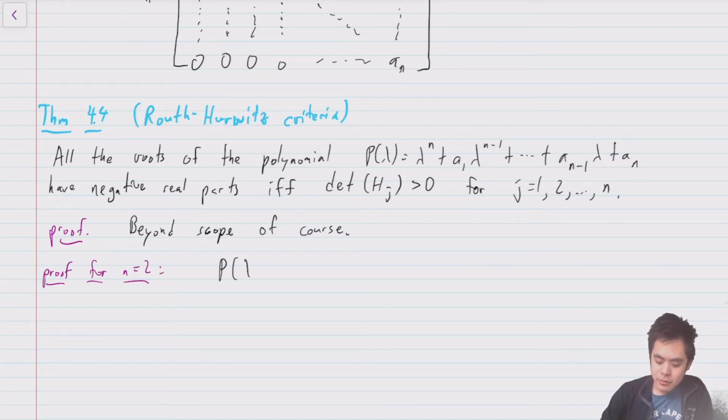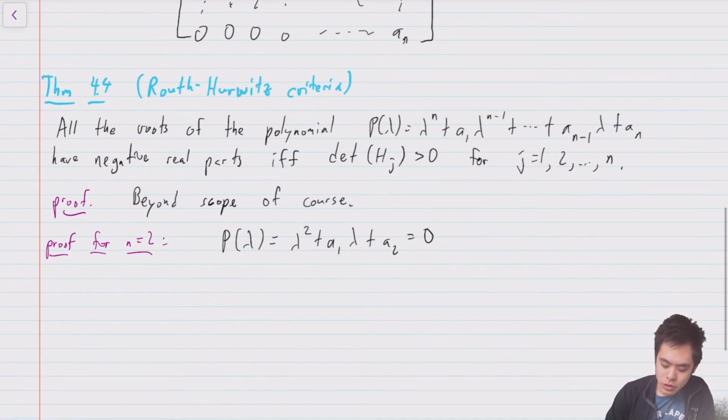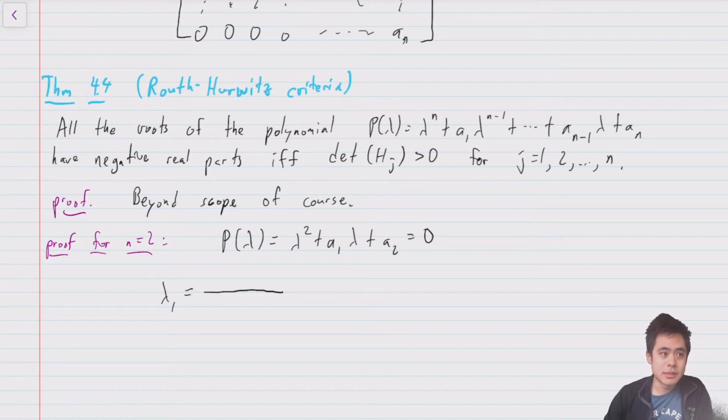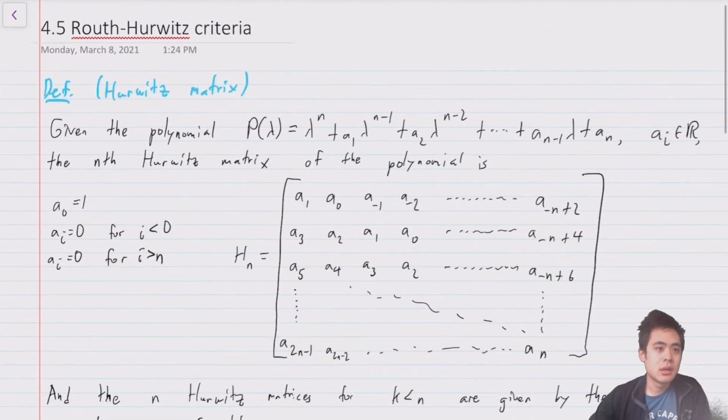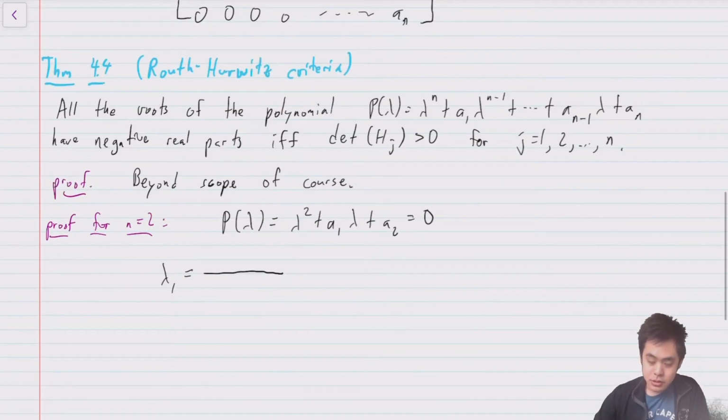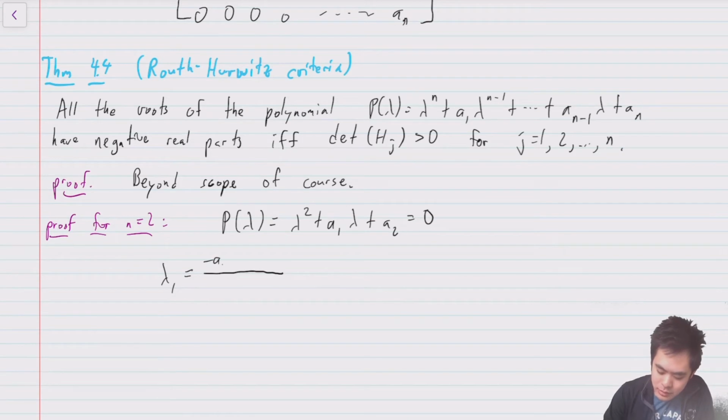Okay, so what do we have? We have p of lambda is equal to lambda squared plus a1 lambda plus a2 is equal to 0. Well, we know that lambda 1 is equal to minus a1 plus the square root of a1 squared minus 4a2, over 2.